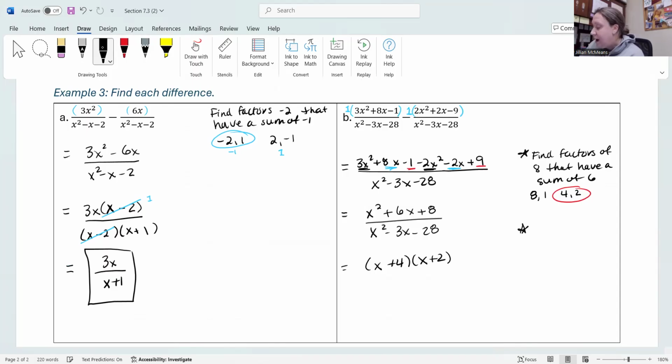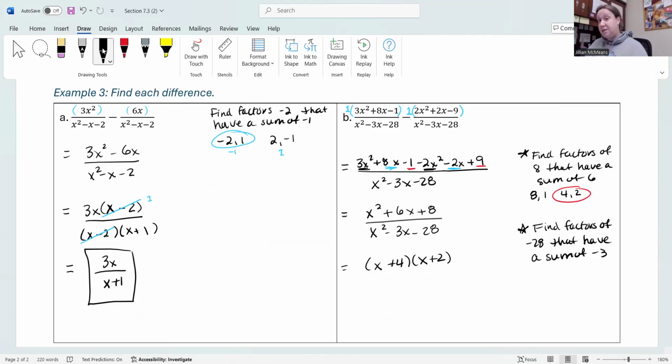Now for the denominator, again we have a quadratic trinomial where a is 1, so we just need to find factors of c that add to b. So we need factors of negative 28 that have a sum of negative 3. In order to find factors of negative 28, one has to be positive, one has to be negative.